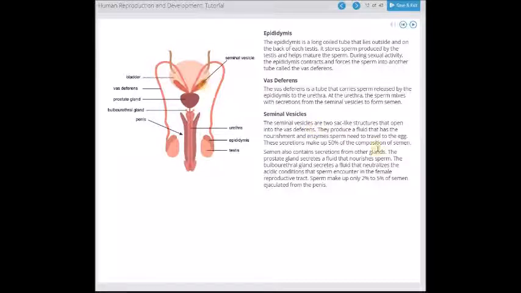There are things called seminal vesicles. They open into the vas deferens, and they produce more of the fluid as well. So there's a lot of fluid production here. The seminal vesicles, the bulbourethral gland, the testes themselves, the epididymis, it all goes together to create semen.